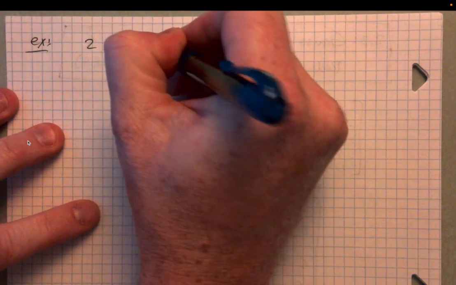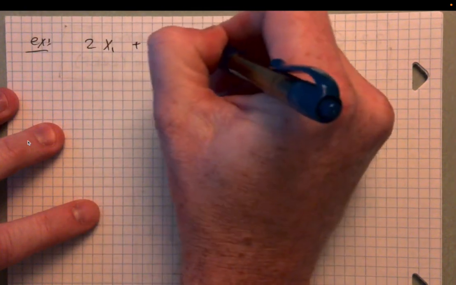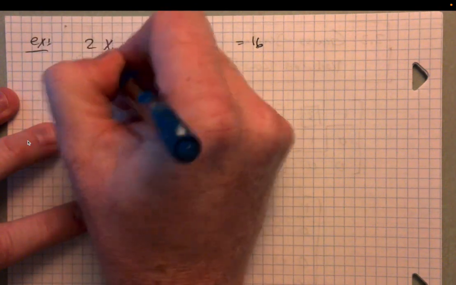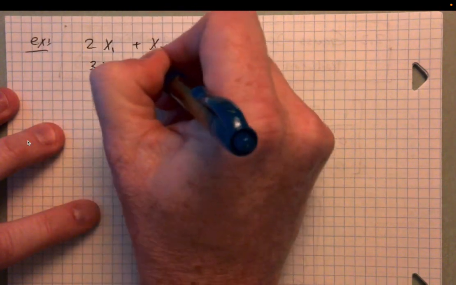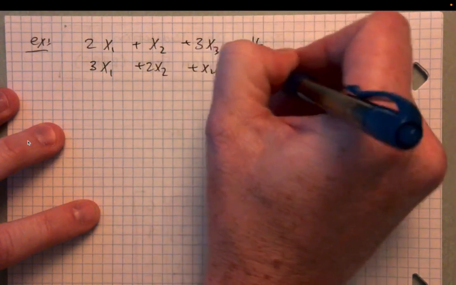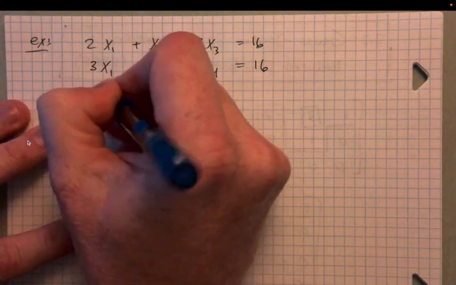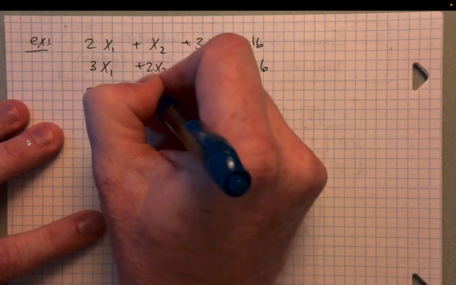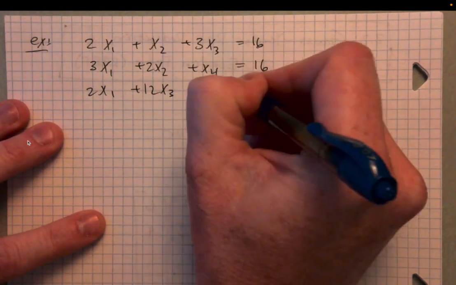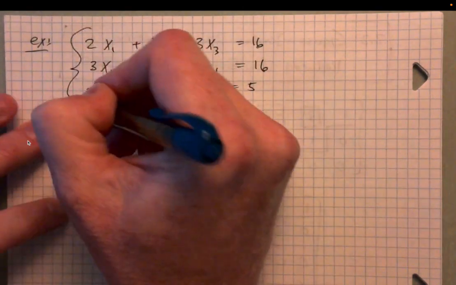I want to see how this all ties together. So let's say the system is this. So 3x1... okay, so here's our system.